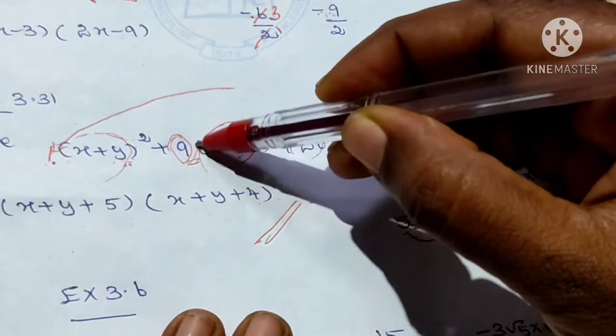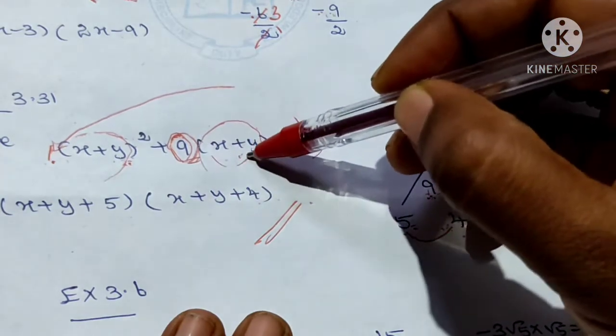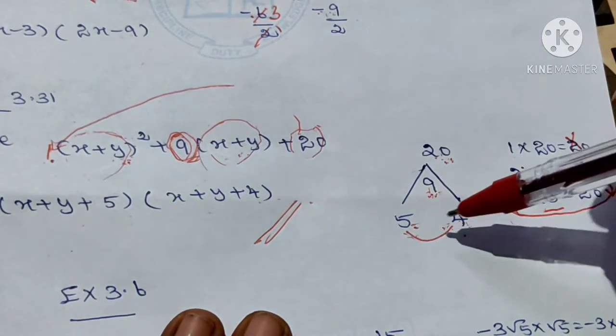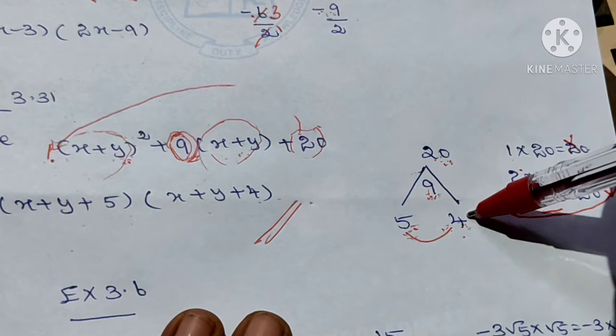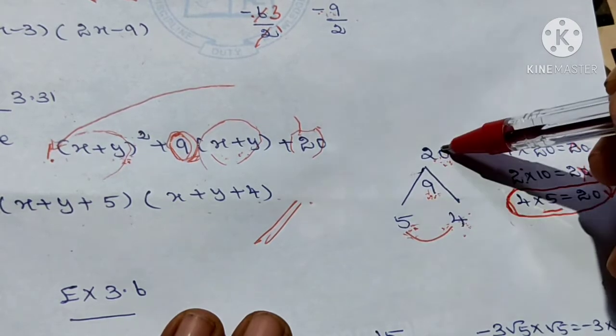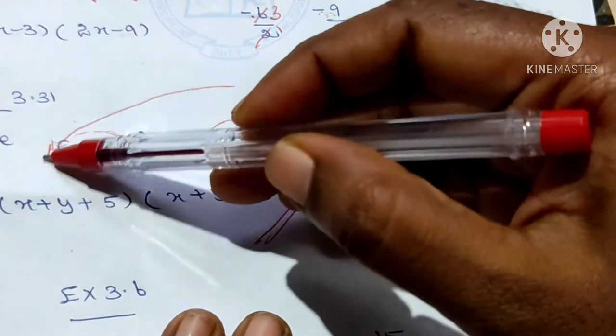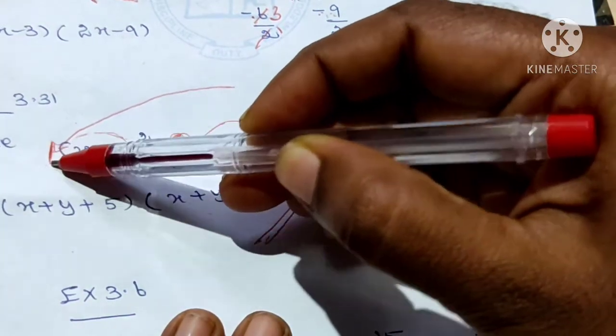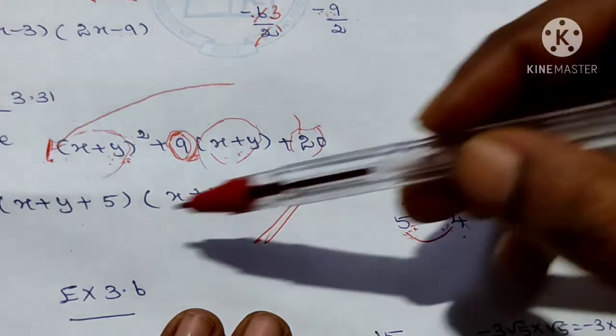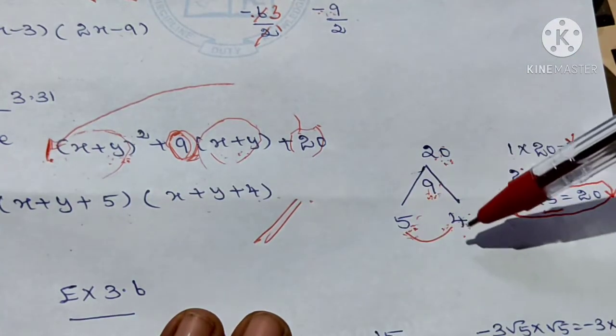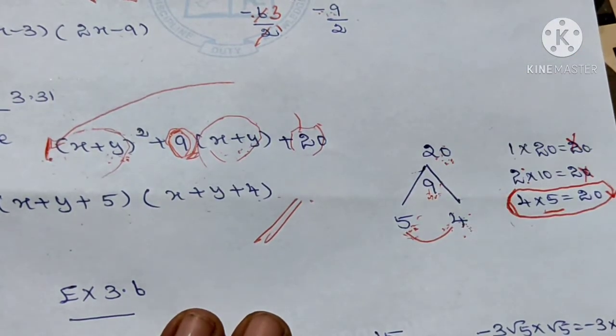The sum is the middle term, the coefficient of x plus y, 9. So the possible numbers are 5 and 4, for which the product is 20 and the addition is 9. The coefficient of x plus y the whole square is 1, so straightaway write the answer: x plus y plus 5 into x plus y plus 4.